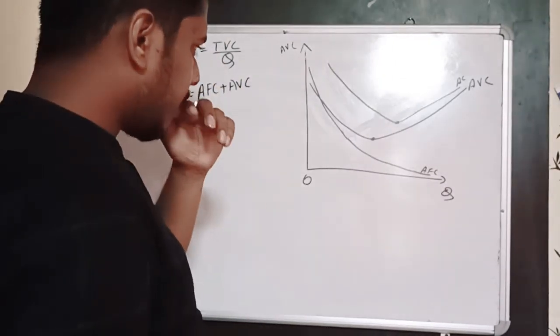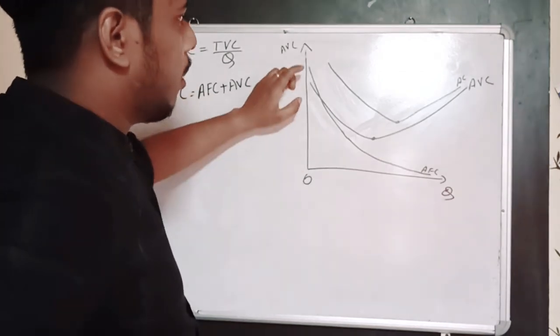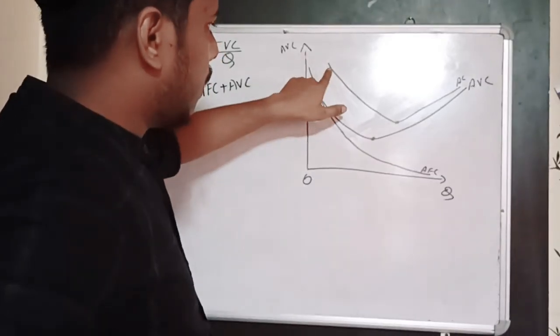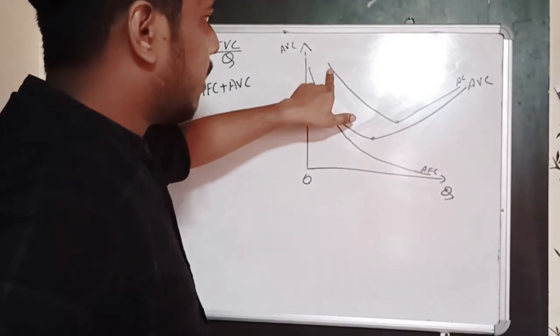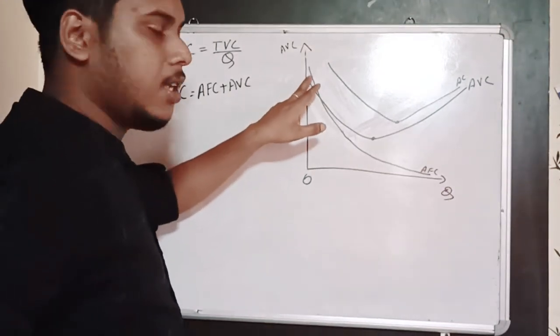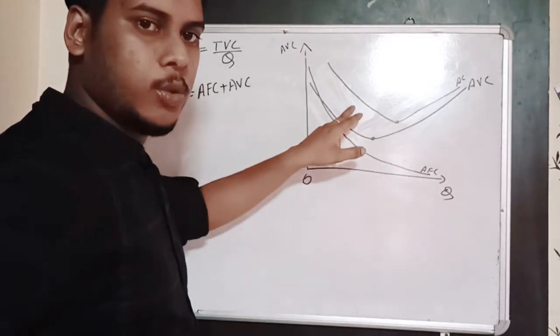First of all, what we are seeing is that AC is falling. Why? Because the AC is made up of AFC and AVC. So initially both these two components are going down, so AC is also going down.